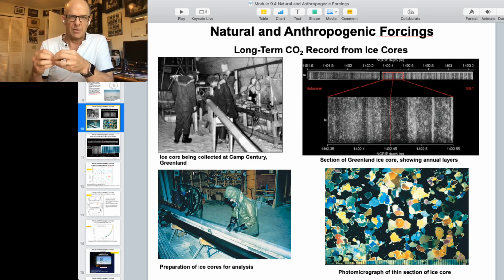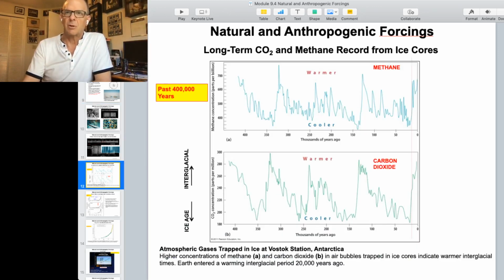And as it happens, chemical reactions are affected by those different isotopes, and the rate that they occur depends on the temperature of the air, on the temperature of those molecules having that reaction. So the abundances of those isotopes is a thermometer, a way to measure what was the temperature of that air when it got sealed in that air bubble. So we can actually measure the temperature of the air going back in time.